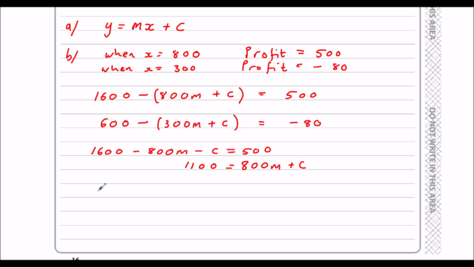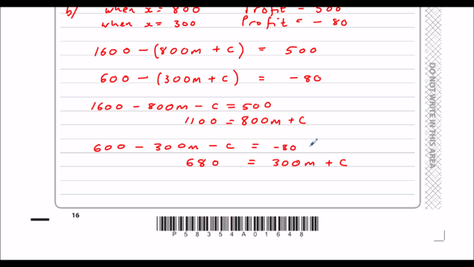For the second one, we've got 600 minus 300M minus C equals negative 80. So again, let's add 80 to both sides. So that's 680, and that's equal to 300M plus C. So here we've got two equations with two unknowns. They are simultaneous equations. We're going to solve them.